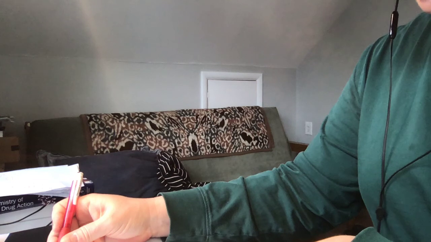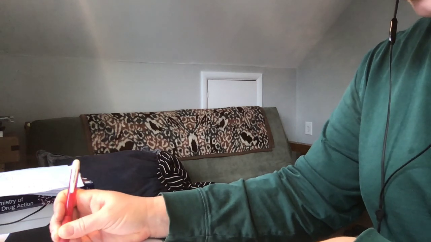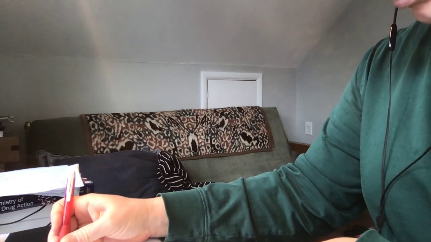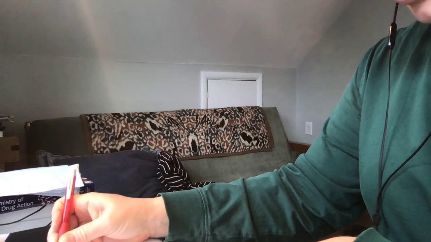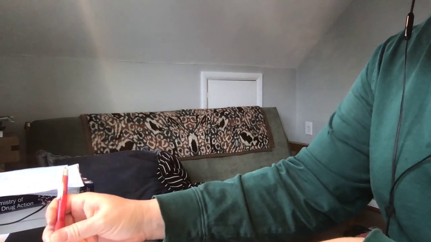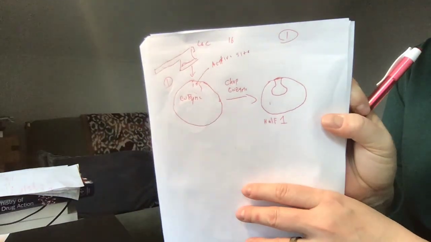And what we can find is if we look at the active site, one piece of the active site, so this is half one. So the active site's here. Then we can shade it so that we can see that this is a curved away active site here.